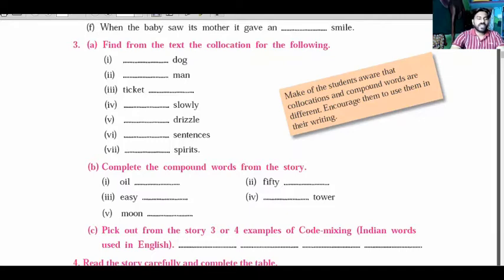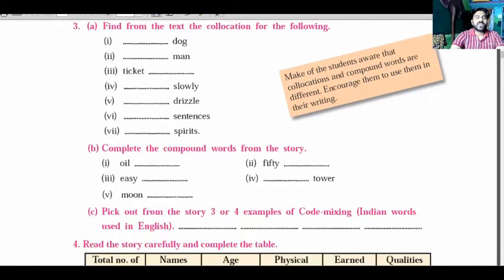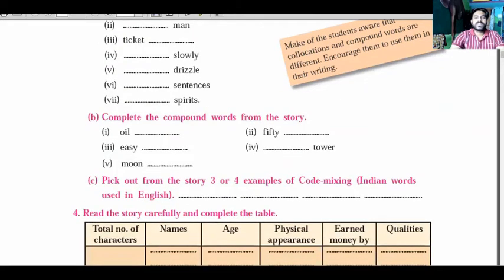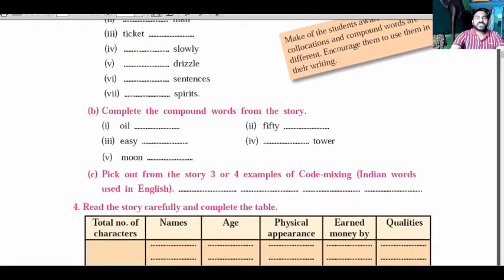Fourth, there we have to write walked slowly. When that thief stole the money, at that time he was walking slowly on the road. So that's why you put there this word walked. Then fifth is drizzle. When he stole the money and left the train, he came into the bazaar or into the maidan, and at that time he felt something sad.